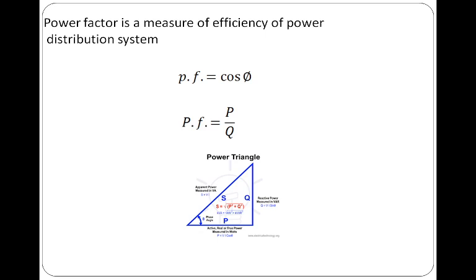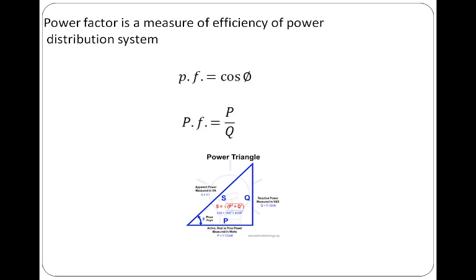Now let's discuss the concept of power factor, simply PF. You might see it on the nameplate or data sheet of an equipment. When you see PF, we know that stands for power factor, and it usually has a value less than 1 for a real load.